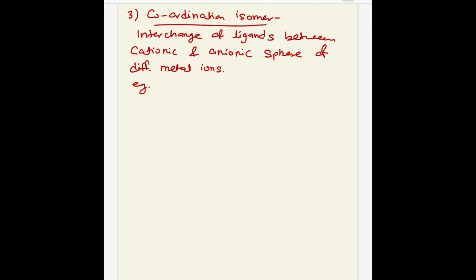The example: in that complex, the first complex is cationic in nature and the second complex is anionic in nature. So the exchange of ligands takes place between the cationic and anionic parts, and this is known as coordination isomerism. The last one is the solvate isomer.